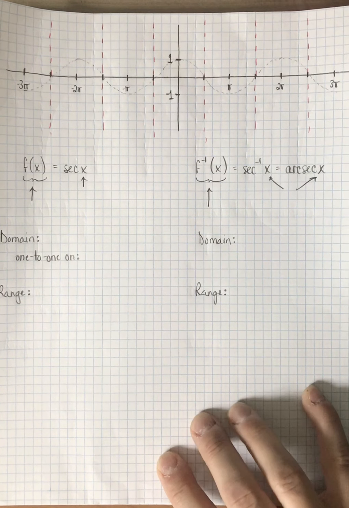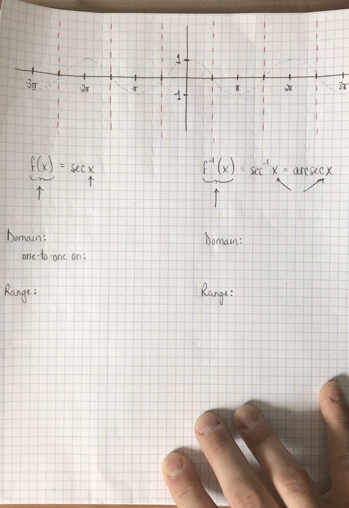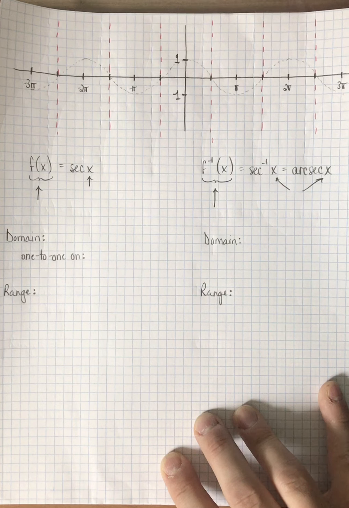Now, from that, there's actually one other really nice value from cosine that we can use to reciprocate, or two actually, 1 and negative 1. 1 and negative 1 are unique among all numbers in that their reciprocals are those values. The reciprocal of 1 is 1, and the reciprocal of negative 1 is negative 1.